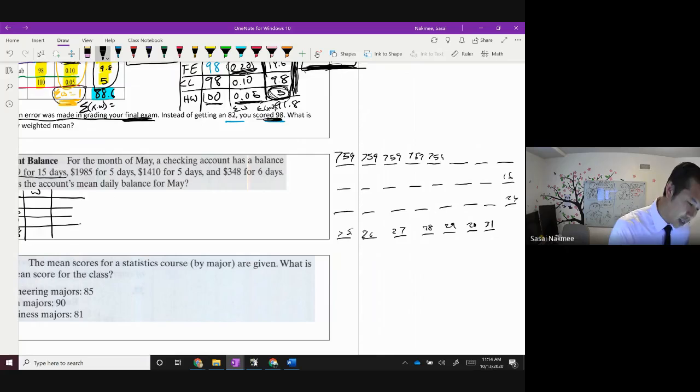So if you're calculating this average, what you're technically supposed to do is add up all the days that they had this amount and then divide by how many there are.